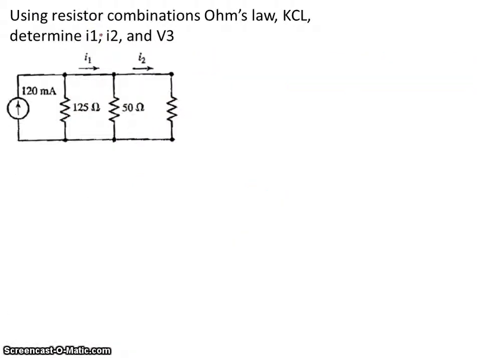If we move on, now I know that I sub 1 was 100 milliamps. Now I need to find I sub 2. If you remember, this combination here was 50 ohms, and I sub 1 is equal to 100 milliamps. One of the things that we know about currents that flow through equal resistances is that the current I sub 1 will be divided equally because both the resistors are equal.